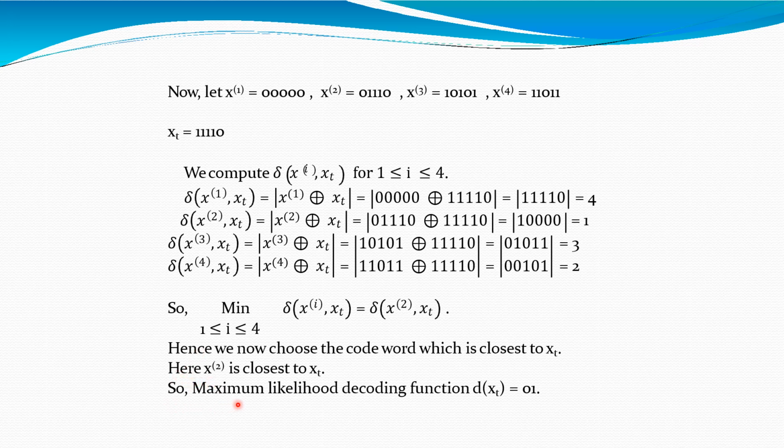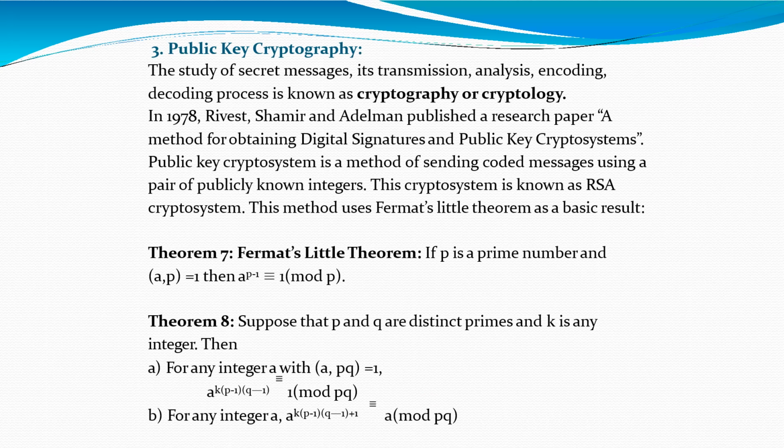So maximum likelihood decoding function d of xt is equal to 01 because it is given that e of 01 is equal to 01110. So from that, as x2 is closest to xt, from this we get d of xt equal to 01 as maximum likelihood decoding function.